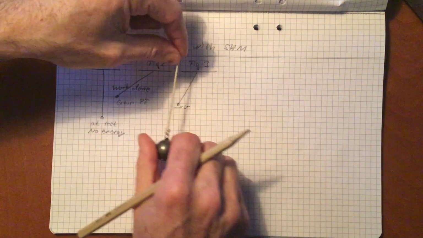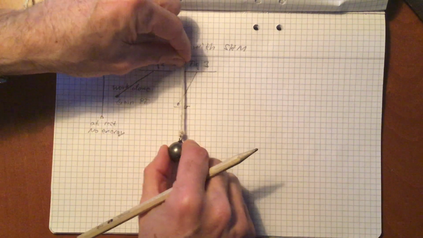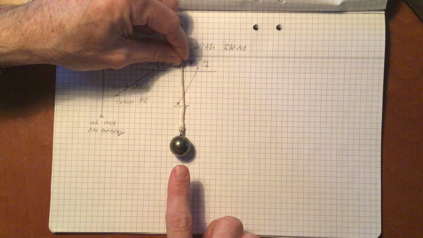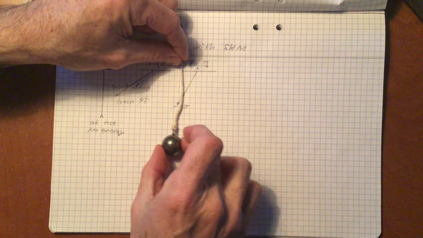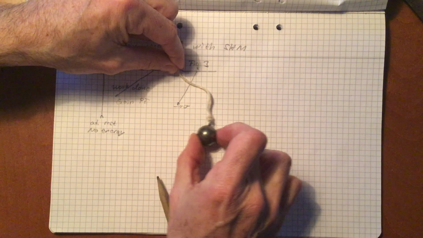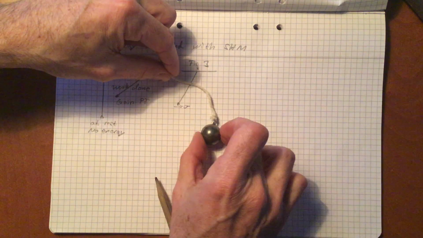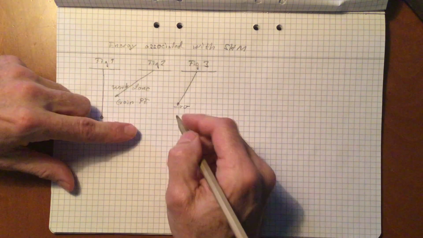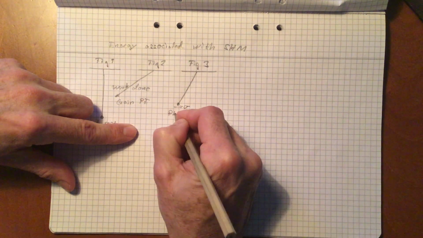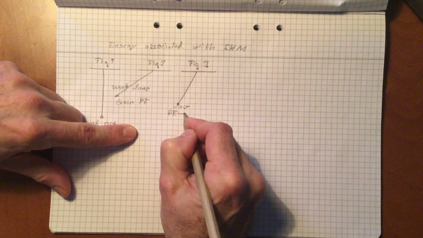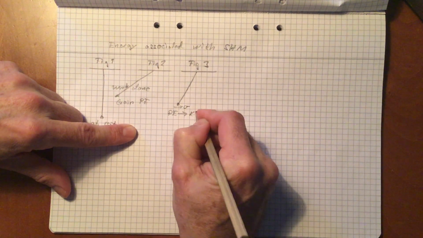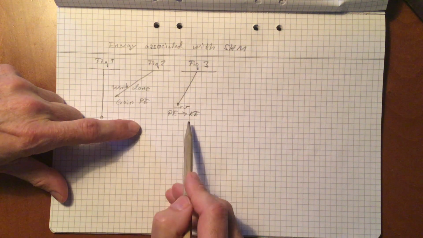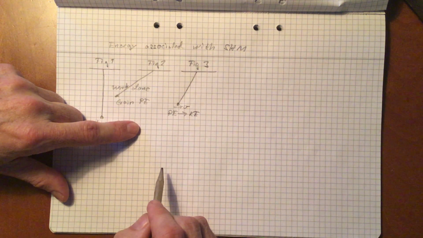So you see, if it's falling like this, and you look at it from the direction of my pen, your eye is here, then it looks like it's only going in this direction, back and forth like this. And the potential energy is being converted to kinetic energy. We will see more closely quite soon what's happening here.